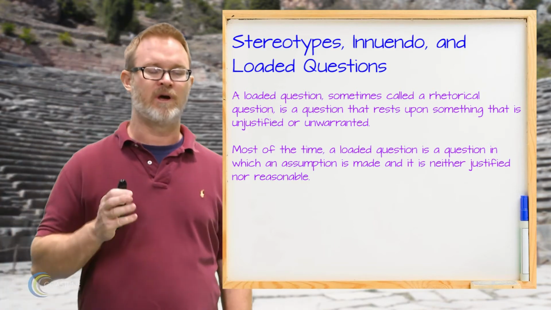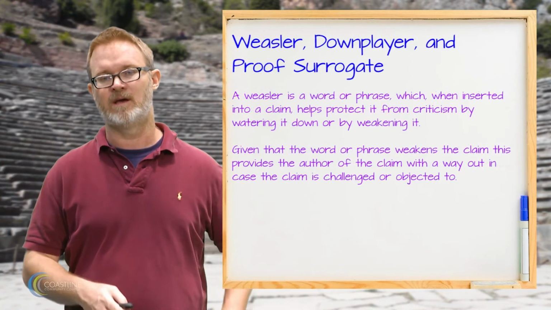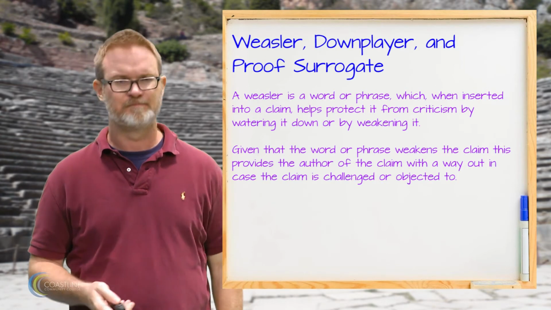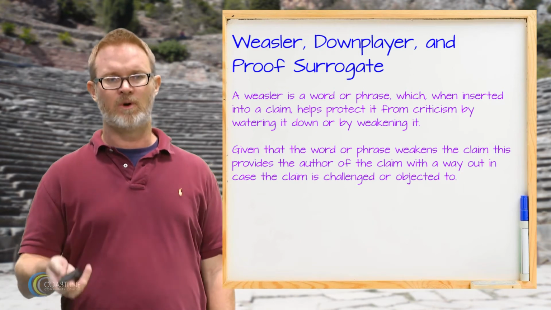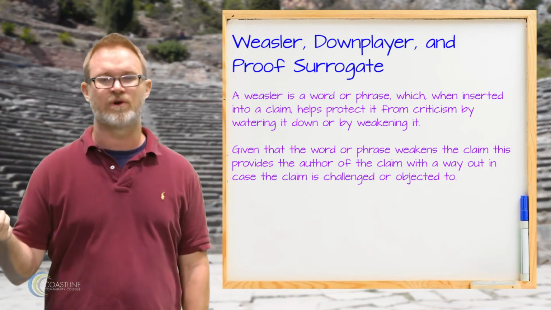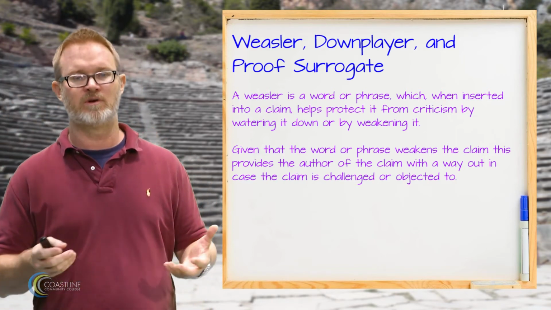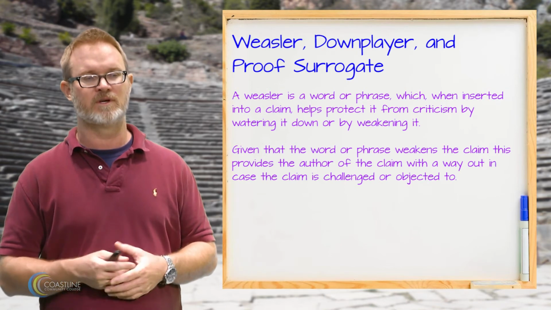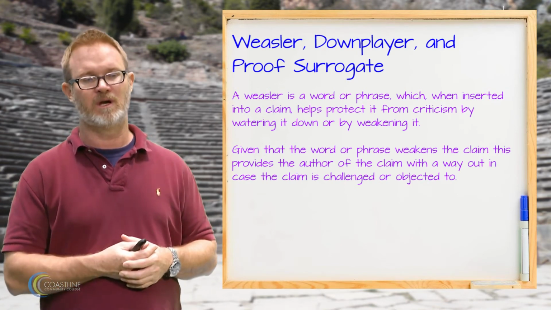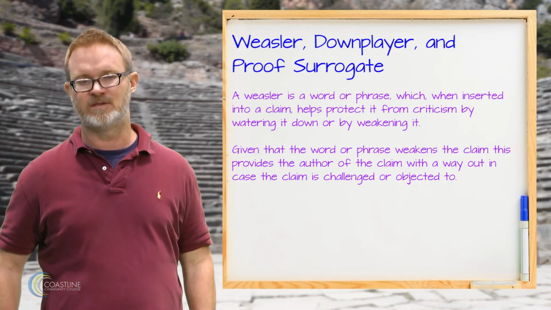Okay, so the next group of rhetorical devices that we're going to look at today is Weaseler, downplayer, and proof surrogate. A Weaseler is kind of like it sounds. It's a way to weasel out of criticism. It's a word or phrase that offers the author of the claim a way to weasel out of an objection, a counter argument, or some kind of reply to the claim.